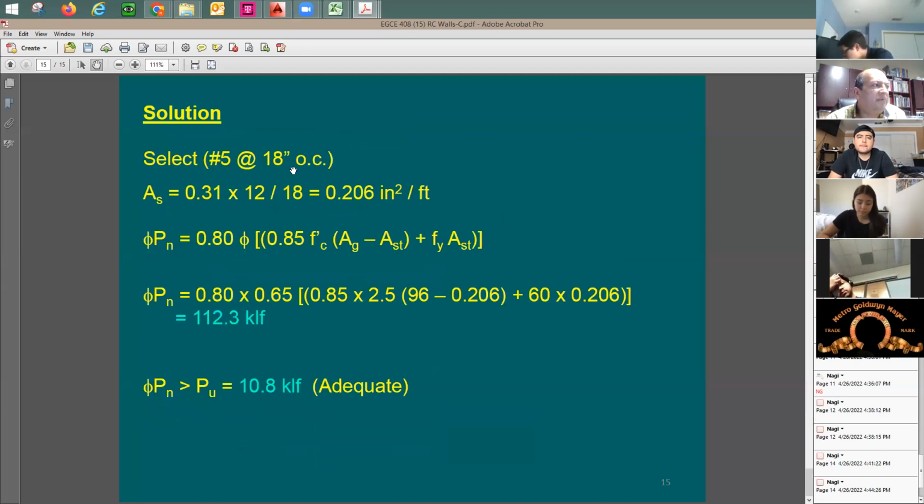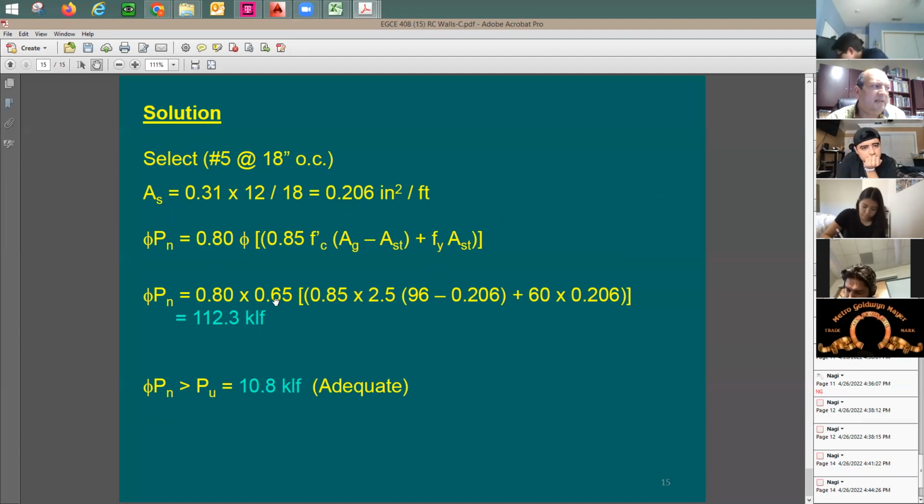I say, okay, number 5 at 18, here's A_s. Just use my standard equation for tied columns. Say 0.8 times the phi factor, times 0.85 f'c (A_g minus A_st) for the steel. And here we go.